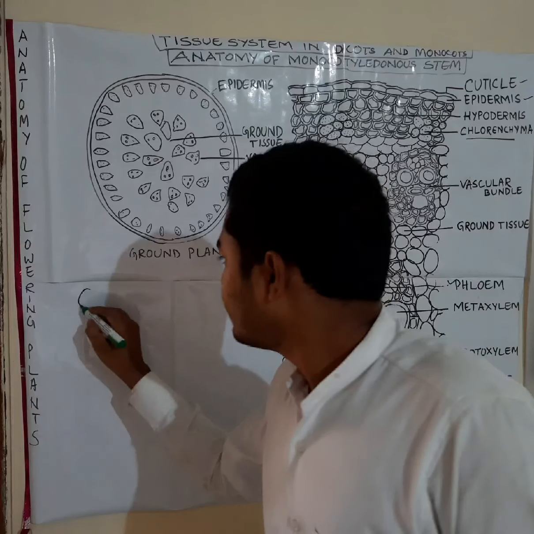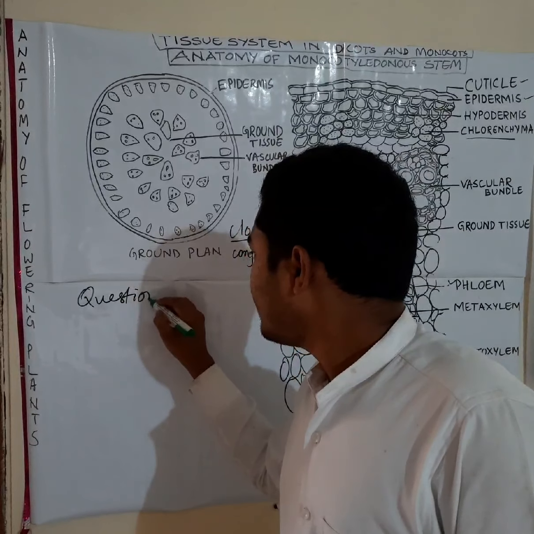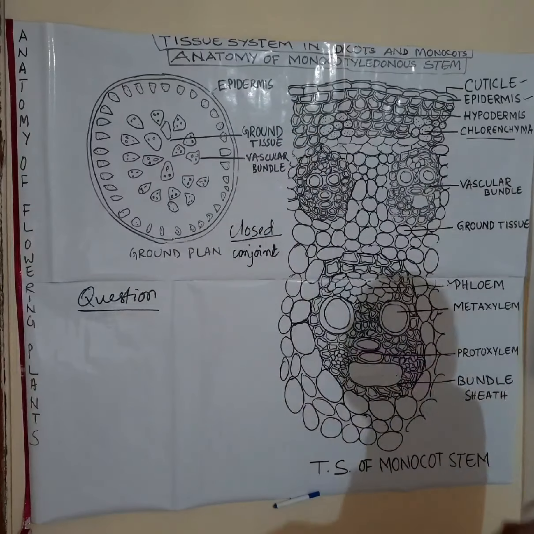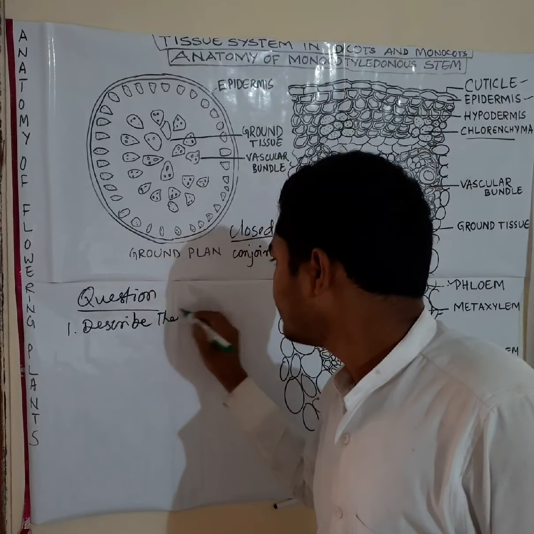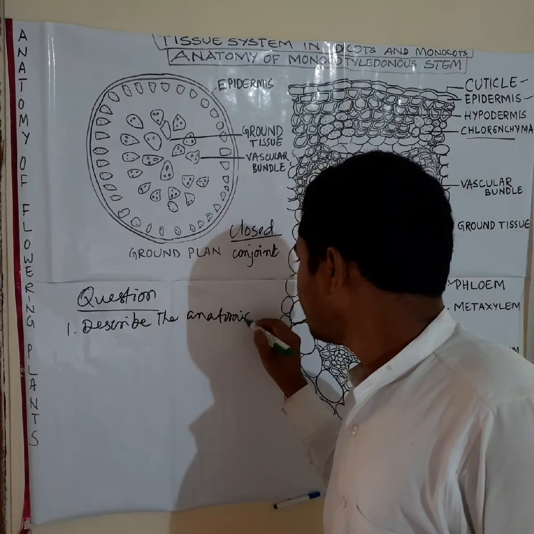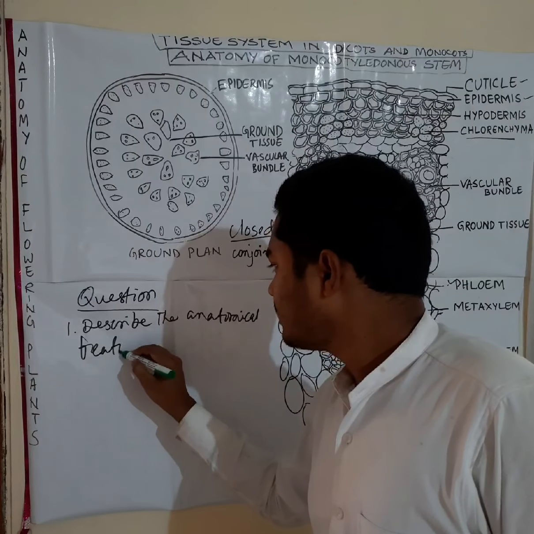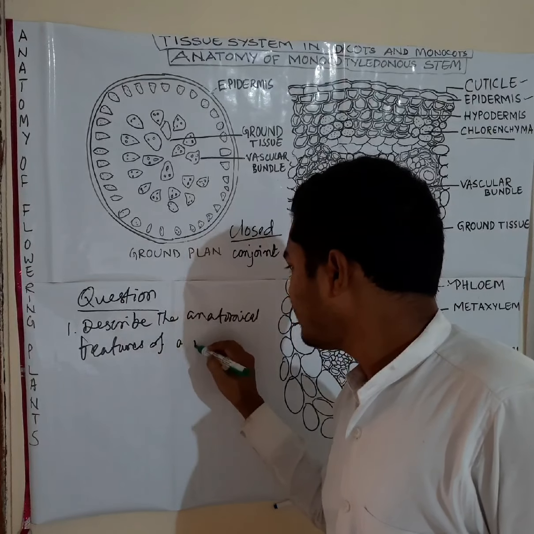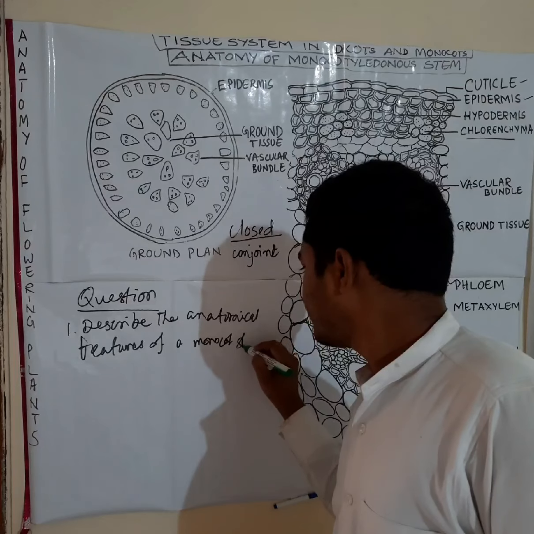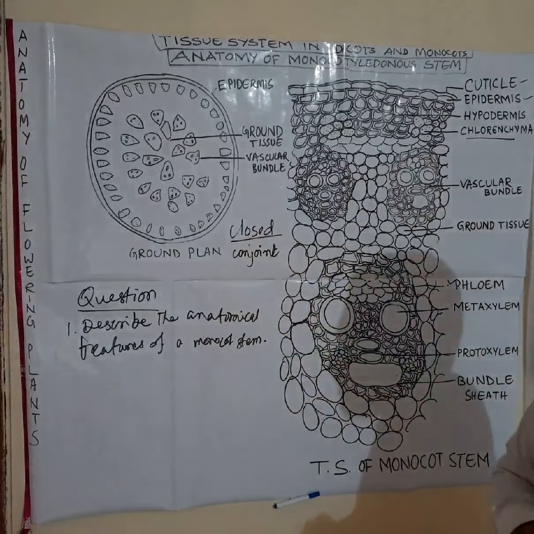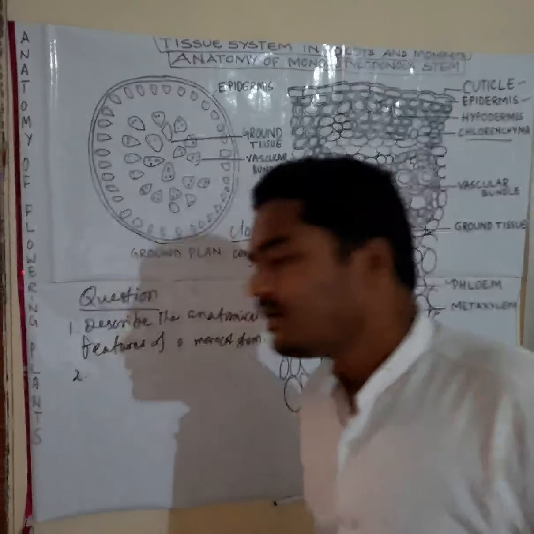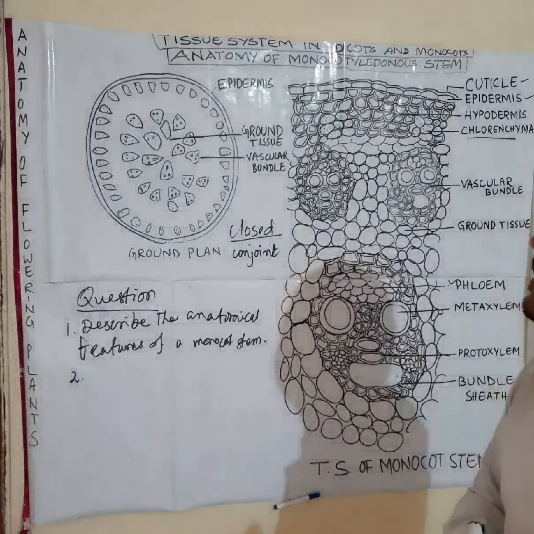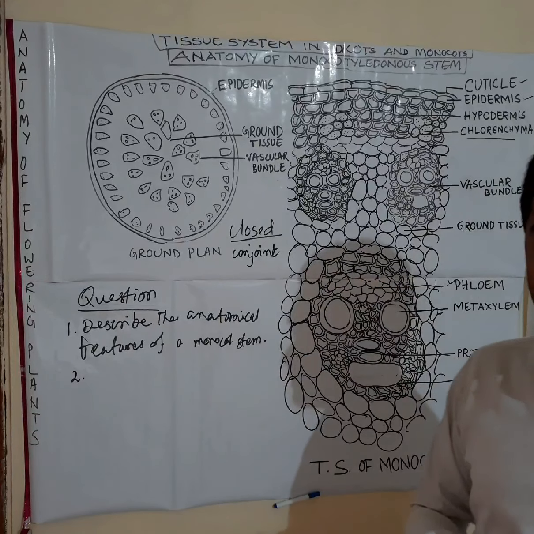What questions can we answer by studying the anatomy of monocotyledonous stem? The first one is the description: describe the anatomical features of a monocot stem. This is one question which you can easily answer, as we have discussed the anatomy of monocotyledonous stem and dicotyledonous stem.